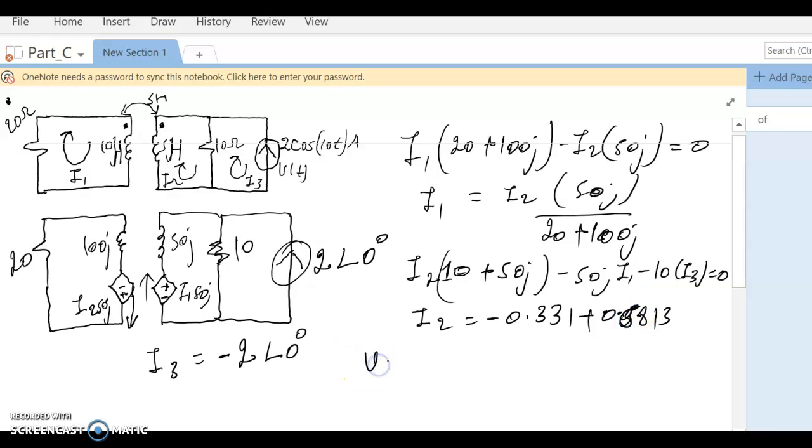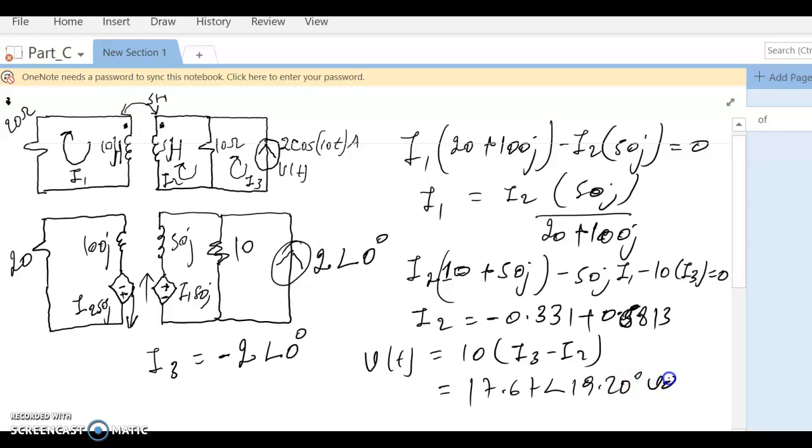And finally, V of t is going to be 10 open bracket I3 minus I2 close bracket, and finally the answer is going to be 17.67 at 19.20 degree volts. That's it.